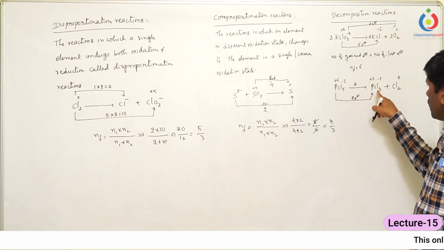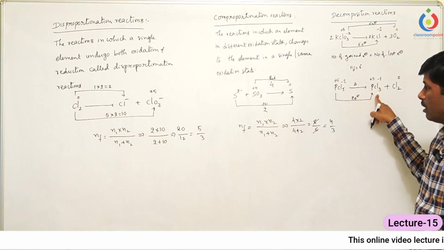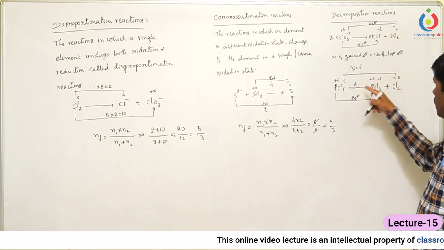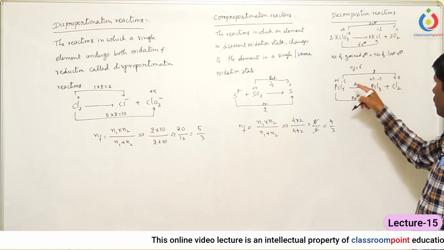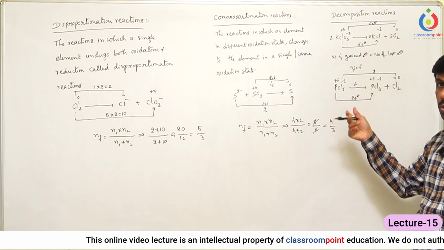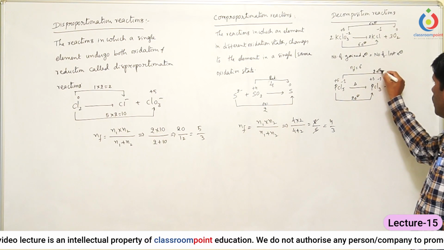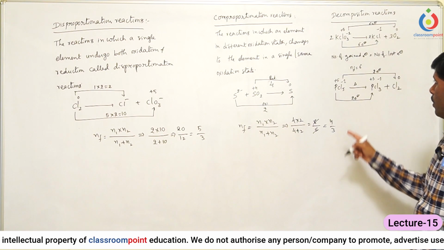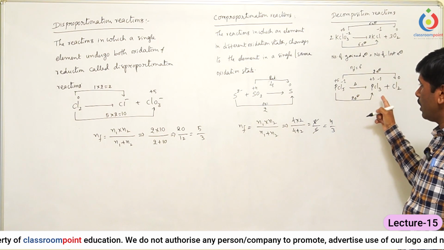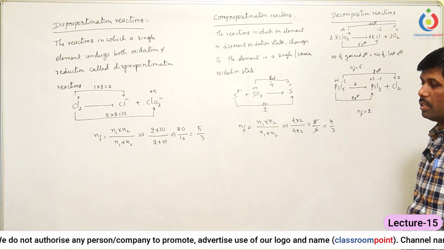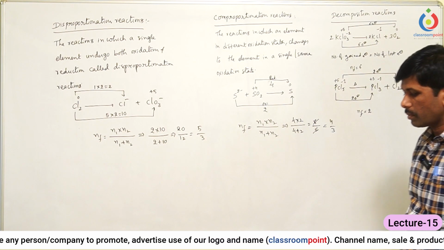Out of 5 chlorines, 3 chlorines' oxidation number has no change. Only 2 chlorines' oxidation number changed, by only 1 each, like that 2 chlorines are there. So total electrons lost is equal to 2 electrons. So again here also the number of electrons gained is equal to the number of electrons lost. That's why the n factor value in this case is equal to 2.